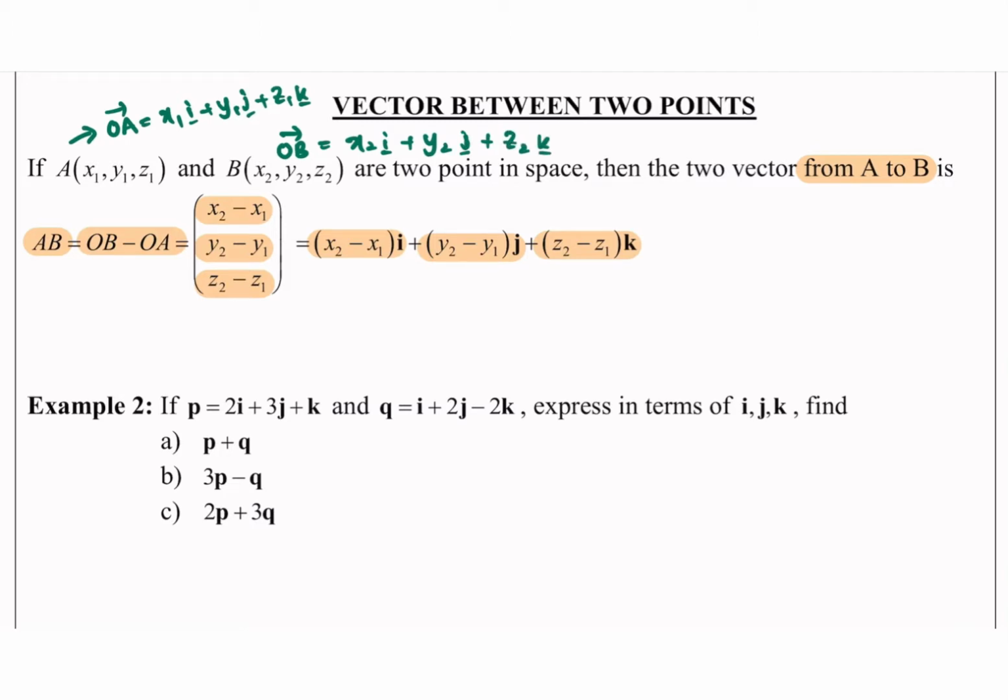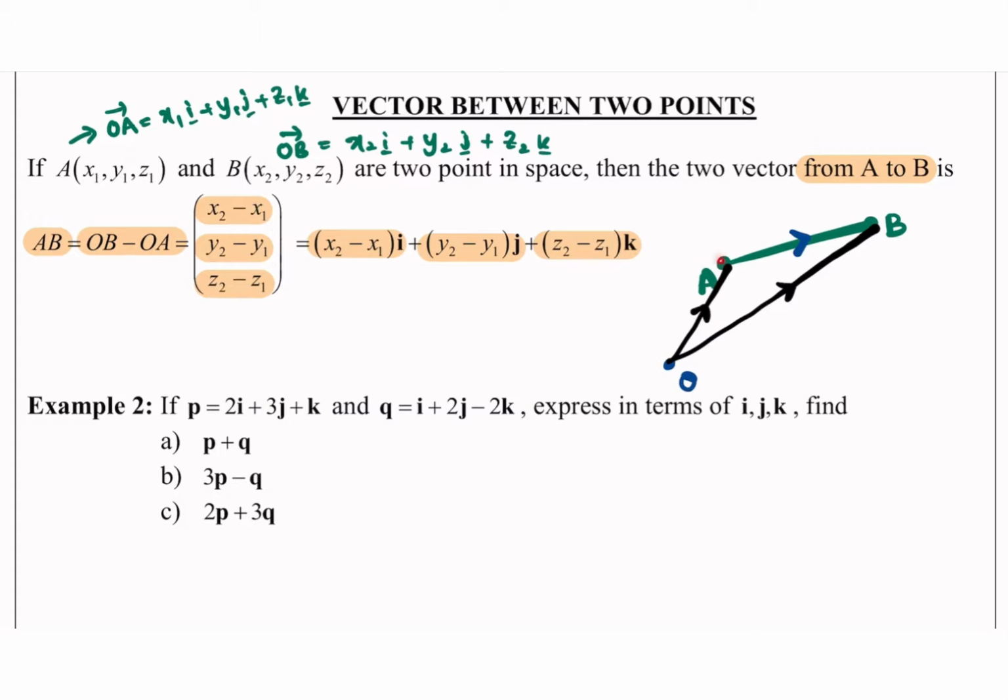Then, bila kita nak cari vektor A ke B, ni menggunakan law of addition dalam vektor. Iaitu, kalau saya ada ini point A, ini point B. So, saya nak cari vektor A ke B. So, saya ada, katalah, let's say this is origin. So, apa yang saya buat adalah, ni OA, sini OB. So, kita menggunakan law of summation dalam vektor.